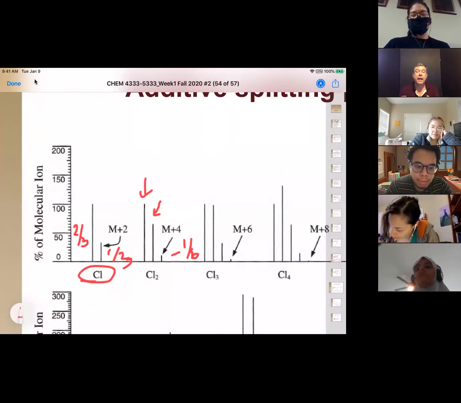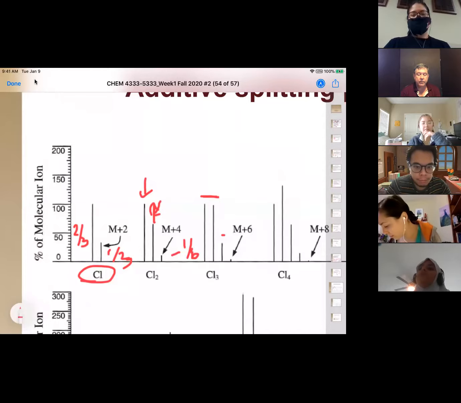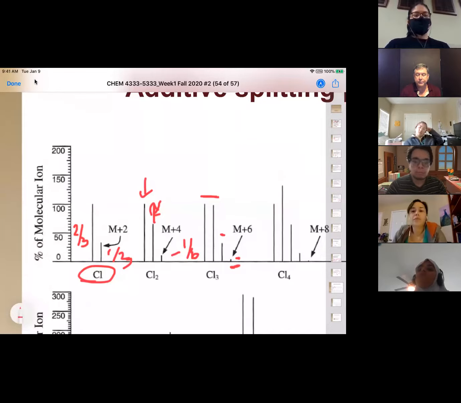By adding that third chlorine, we're adding more to this peak again. And so we end up with almost even peaks here. But this is about 1/3, and this is rarely do we see it. It's typically supposed to be about a 6, but it's rarely that high. But we see it.